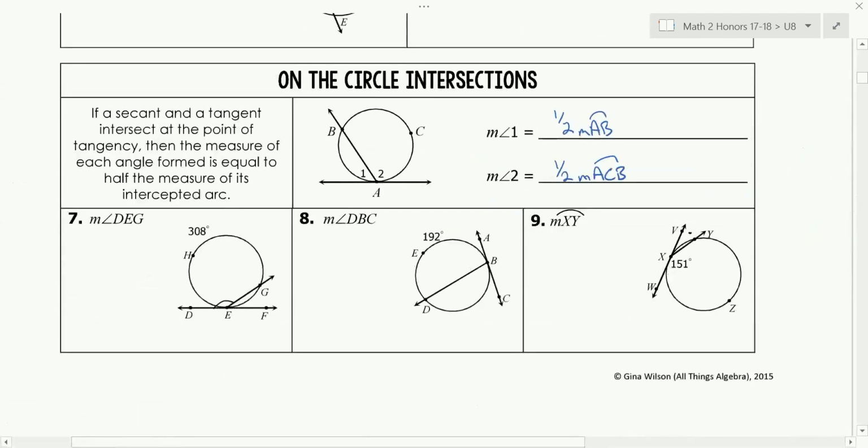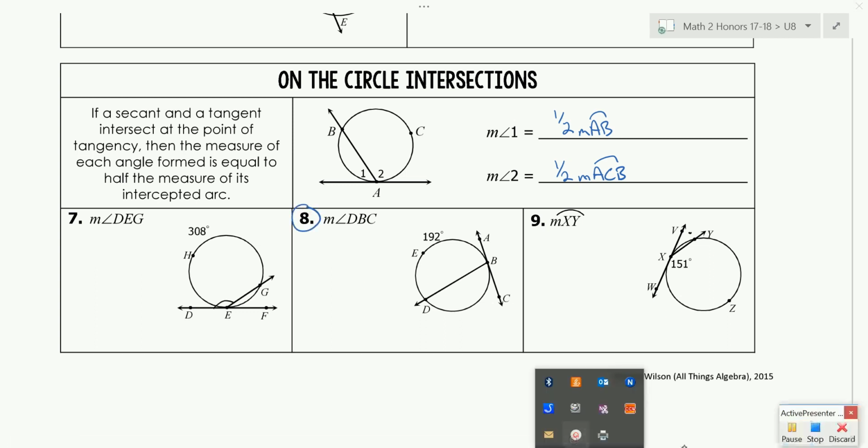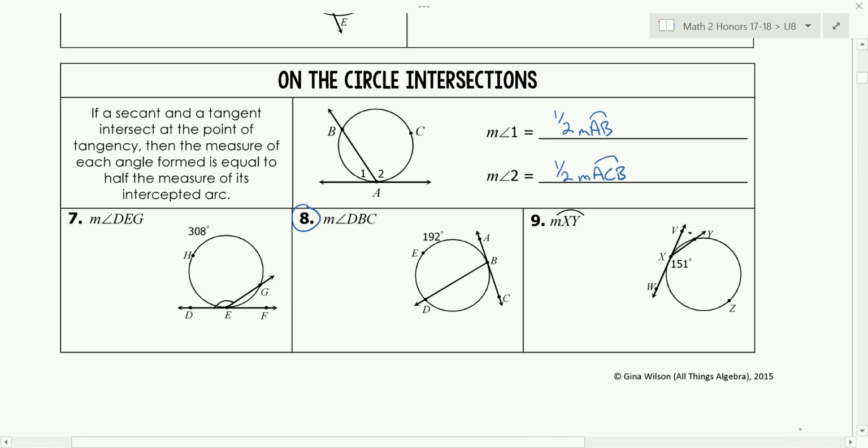So let's take a look. Why don't you guys try number 8. Allison, did you get it? Number 8? What did you do first? Okay, good. And how'd you do that?